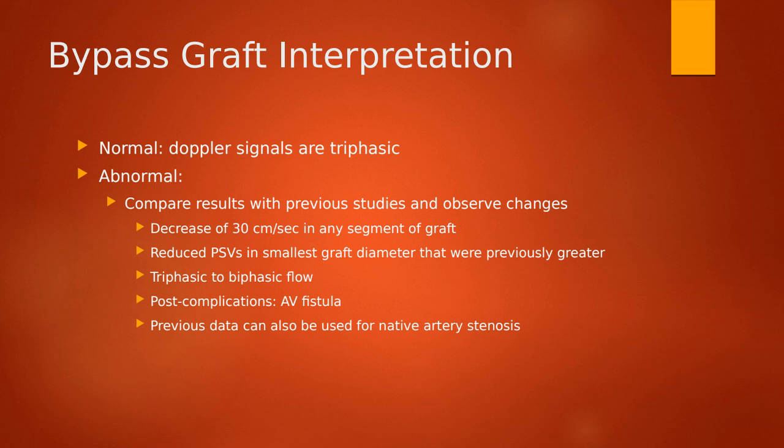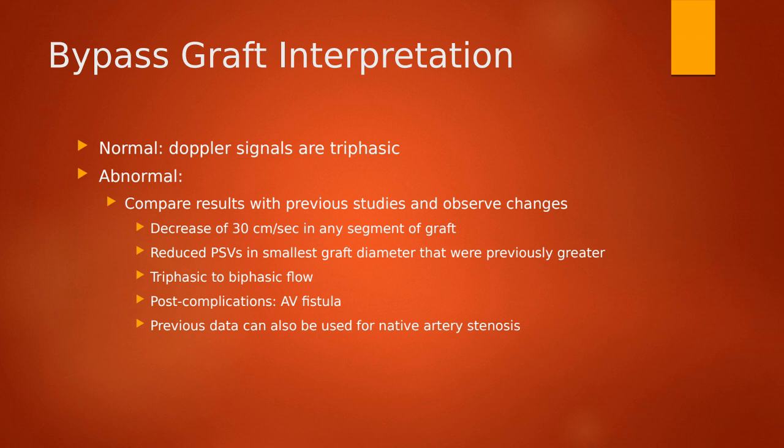Also, if we see weakened peak systolic velocities in the smallest diameter of the graft that was previously a higher velocity, that's going to be abnormal. So we're making sure that the smallest areas or the most narrow diameters of where that graft is placed are operating to their fullest potential.